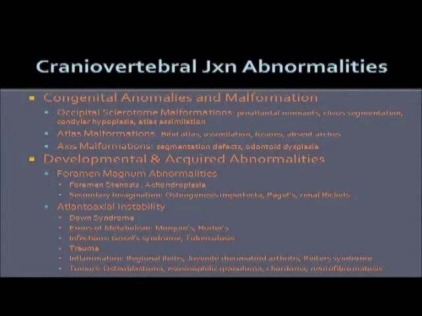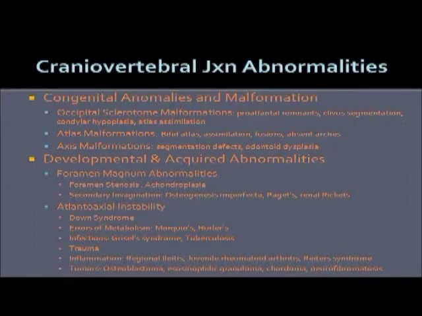I'm going to switch gears a little bit and talk about craniovertebral junction abnormalities. What this entails is instability of the upper cervical spine. The occiput attaches to the spine, and there's a very complex set of arrangements of ligaments and bones that keep everything nice and stable, allow you to have appropriate head movement.